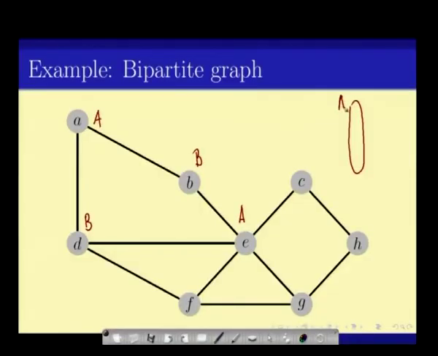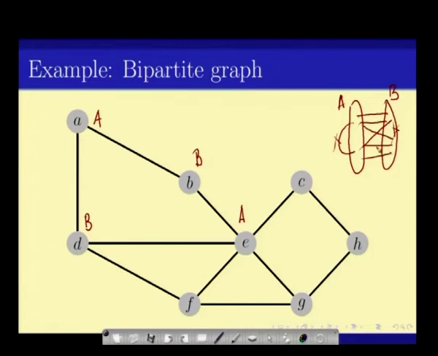So, here is an example of a graph that cannot be split into two halves. In other words, you can think of these two sets A and B, and the edges are only between these sets. So, edges like this are not allowed, or edges within one set are not allowed.